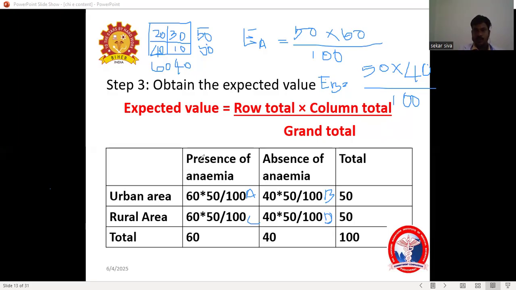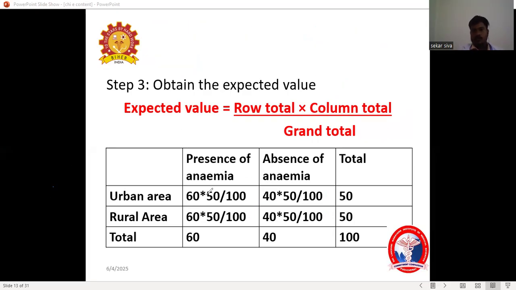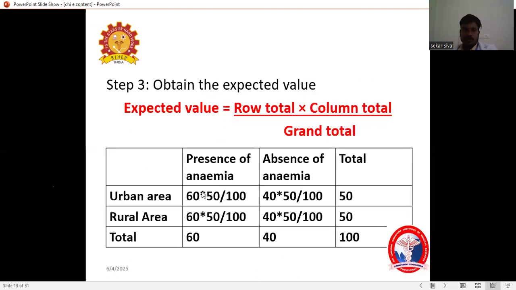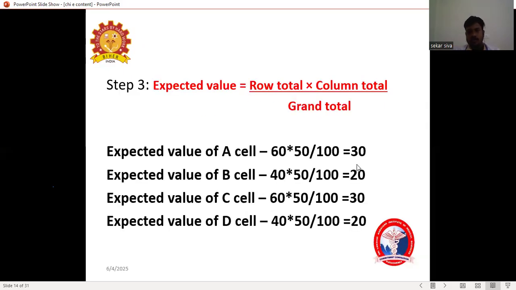Are you clear about the expected values? So expected value for A cell, 60 into 50 divided by 100 is 30.